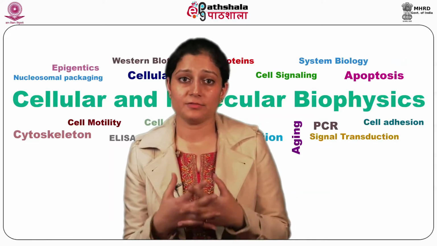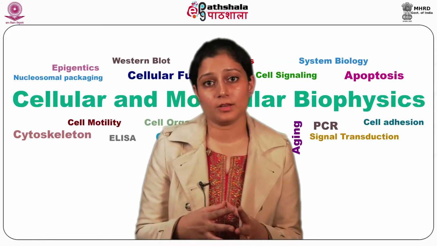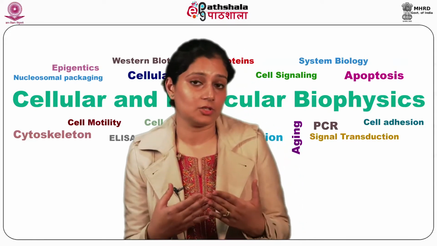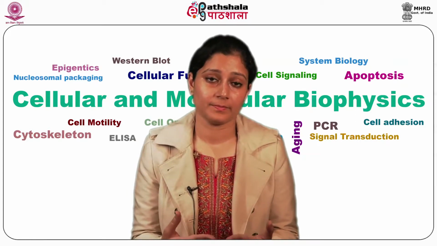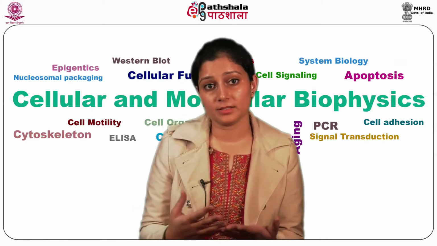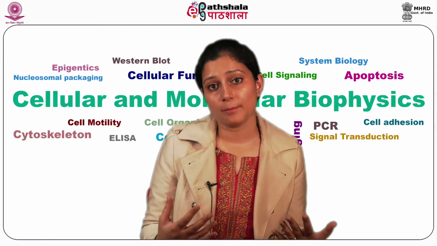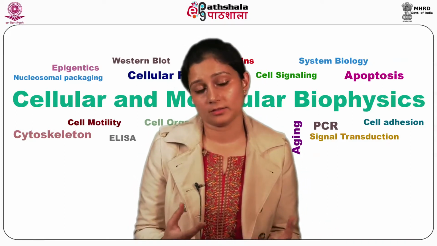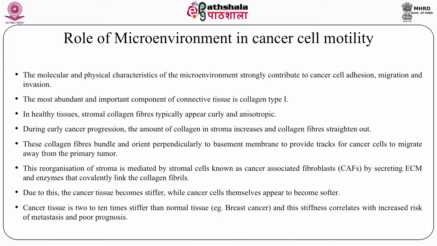The molecular and physical characteristics of the microenvironment strongly contribute to cancer cell adhesion, migration and invasion. The most abundant and important component of connective tissue is collagen type 1. In healthy tissues, stromal collagen fibers typically appear curly and anisotropic when seen under the microscope.